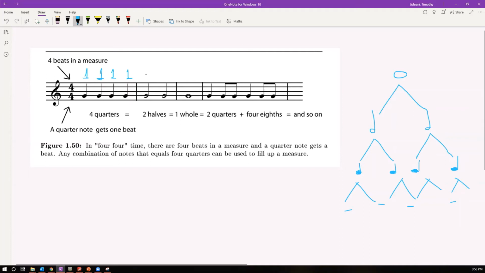We know that we can find 2 quarter notes in this half note, and in this half note we can also find 2 quarter notes. 2 plus 2 equals 4, which gives us 4 beats in a bar. Same thing here, we know that a whole note equals 2 half notes, and 2 half notes again will give us 4. So we will know we have 4.